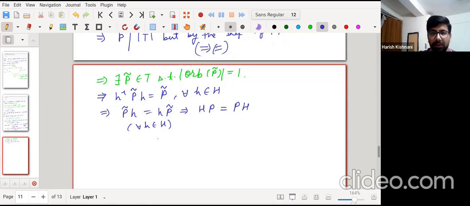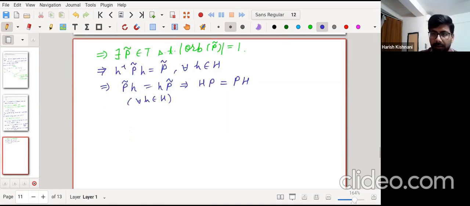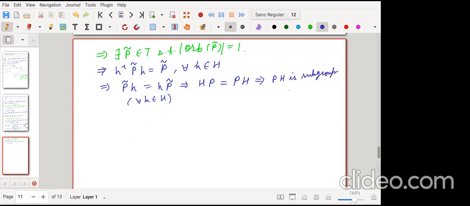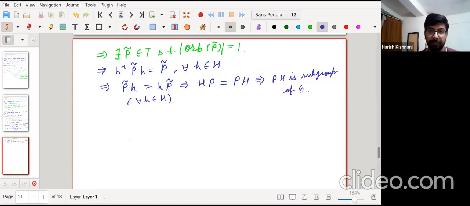So if H and P are two subgroups such that HP equals PH, this implies that PH is a subgroup of G. P was a Sylow P subgroup, and H is just a P subgroup.